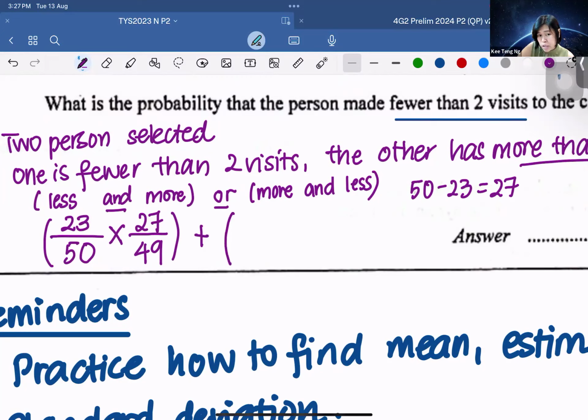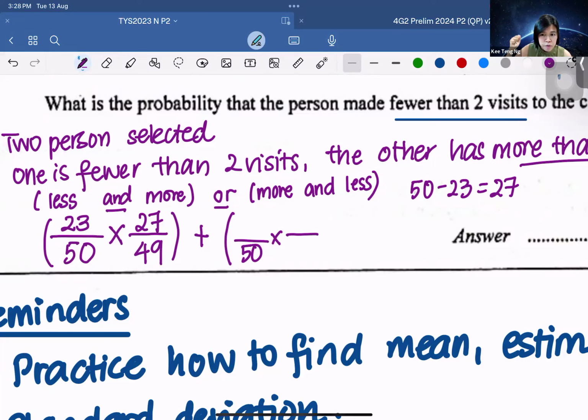Now I should begin. When I first choose, how many people are there for me to choose from? I have 50 people to start off with, correct? But after I choose one person, what am I left with?